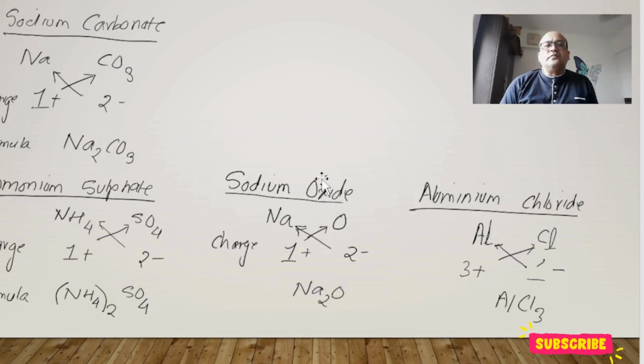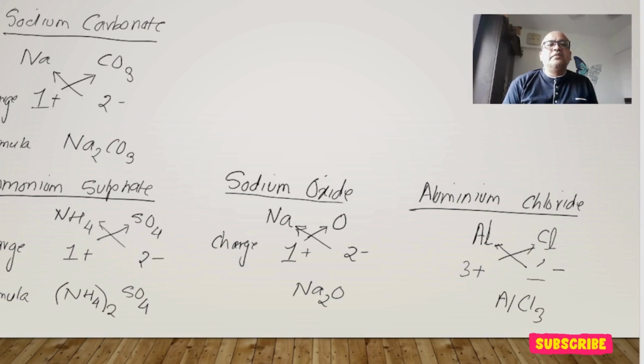Now let's take a few more examples. Sodium carbonate. Sodium, write down the symbol with their charges. Crisscross them and you'll get Na2CO3. Let's see ammonium sulfate. Ammonium NH4 and SO4, write down the charges, 1 plus and 2 minus, crisscross them. Then see, this 2 is coming here.